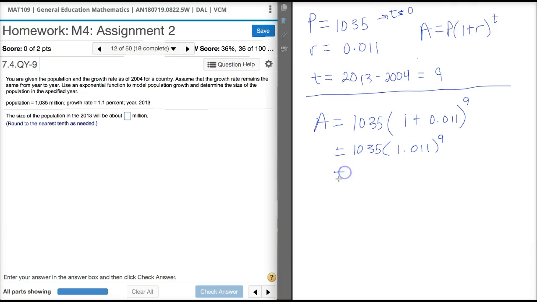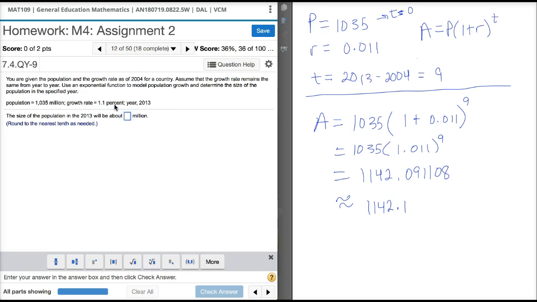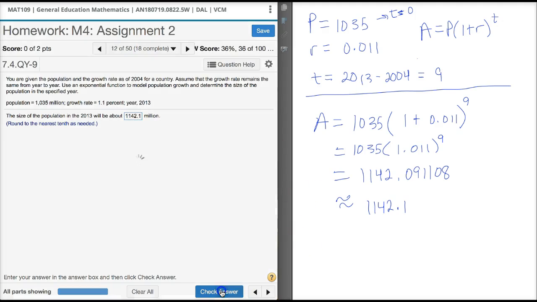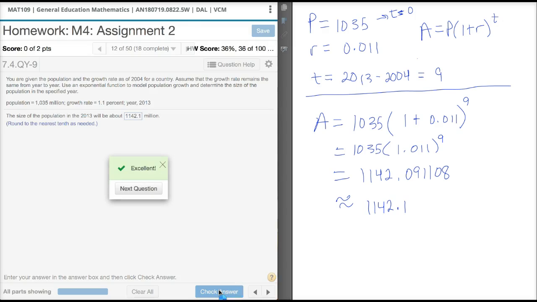The number that we got here is 1,142.091108. If we're rounding to the nearest tenth, in this case, we'll round to the first decimal place, so this is going to be 1,142.1 million. All right. So this problem is done.